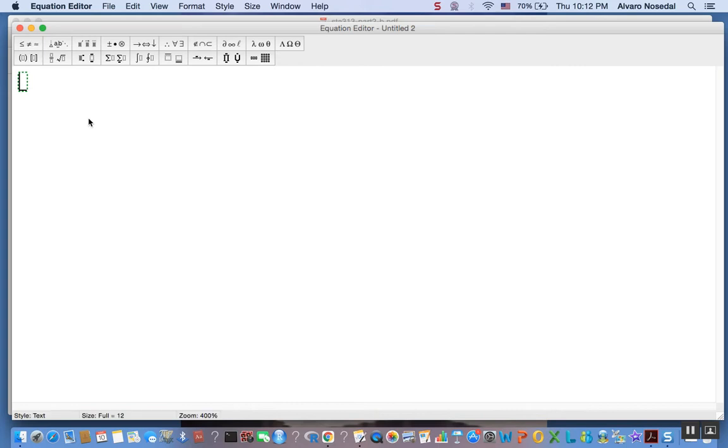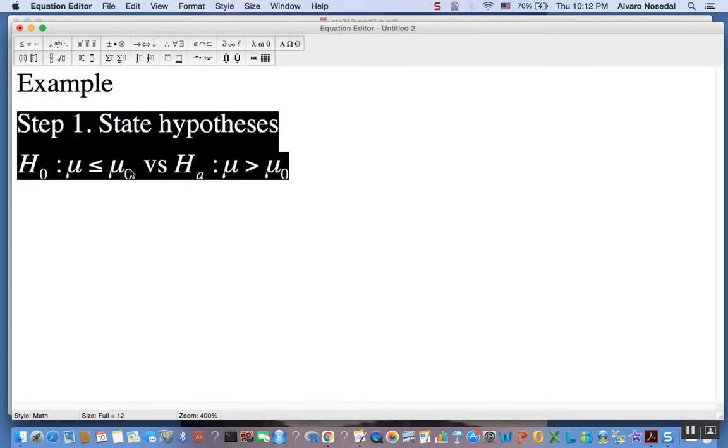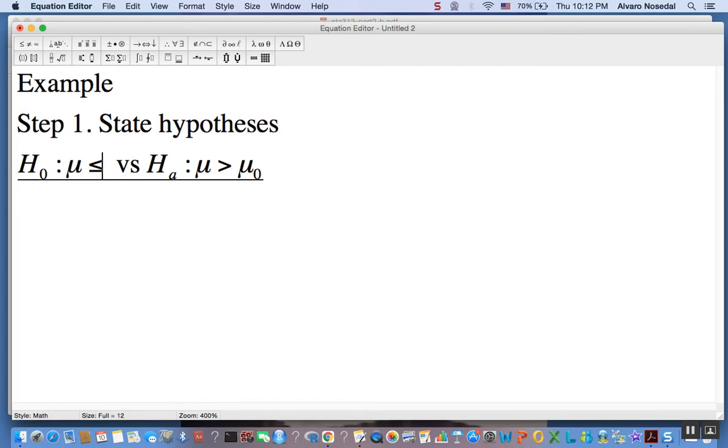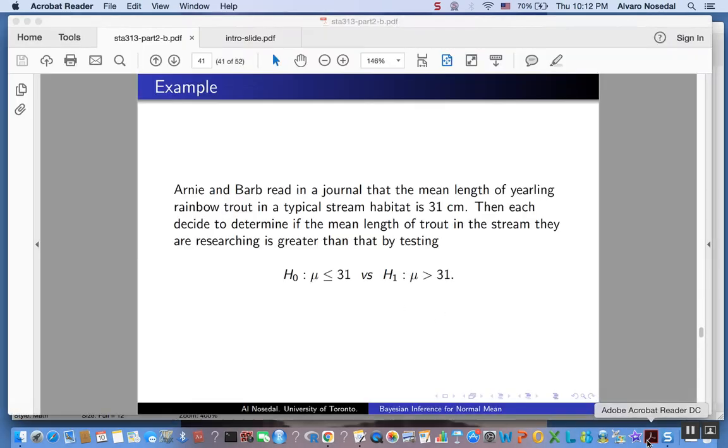Example. Step 1: mu less than or equal to 31 against mu greater than 31. So that was basically for free. What we need is step 2, the interesting part, finding the posterior distribution.